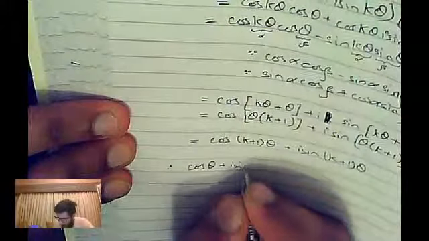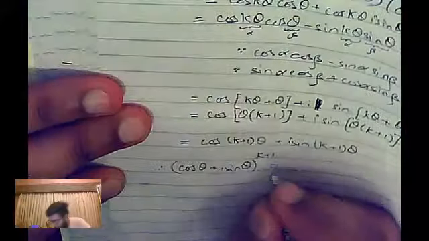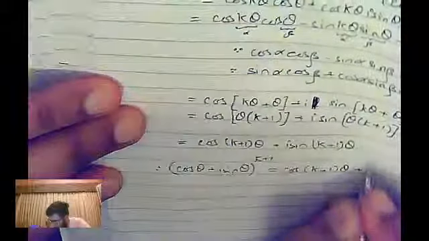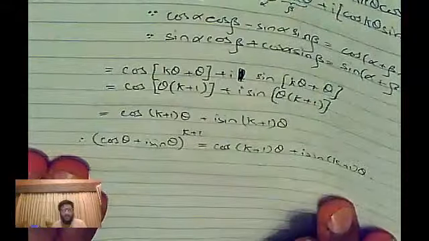So we can write this as, therefore, cos theta plus iota sine theta whole raised to the power k plus 1 equals cos k plus 1 times theta plus iota sine k plus 1 times theta. This is it. This is our proof for all k belonging to the natural numbers. This is our proof right here.